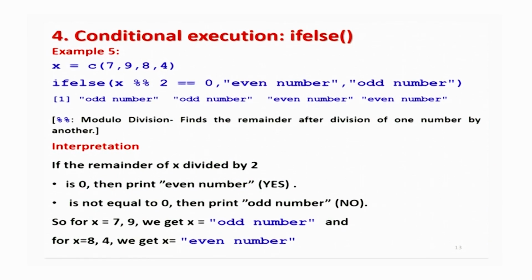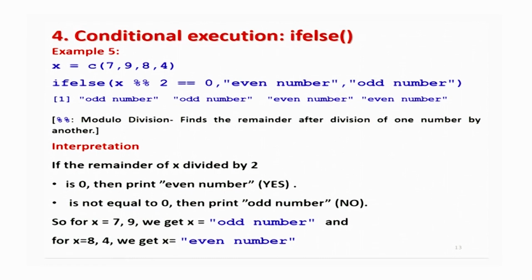The first thing is you need to understand what the logic can be. The logic behind deciding whether the number is even or odd is that you divide the number by 2, and if the remainder comes out to be 1, then the number is odd, and if the number gives the remainder 0 when divided by 2, that means the number is even.